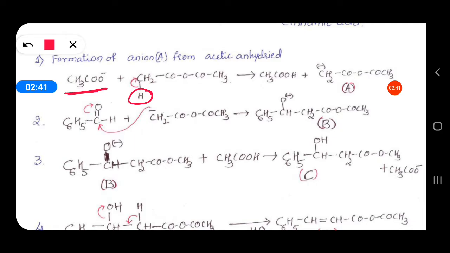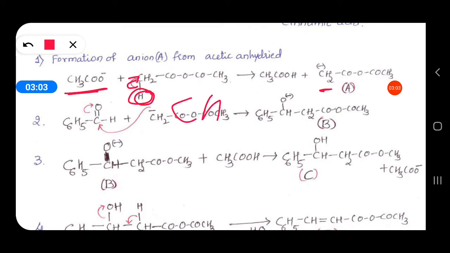So after giving this H plus, the CH bond electrons are given to the carbon so that it becomes anion, CH2 minus. So when it becomes anion, it is stabilized. So that's why it gives H plus easily. How is it stabilized?